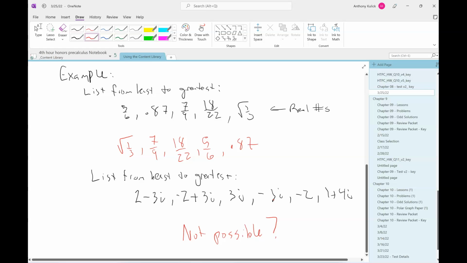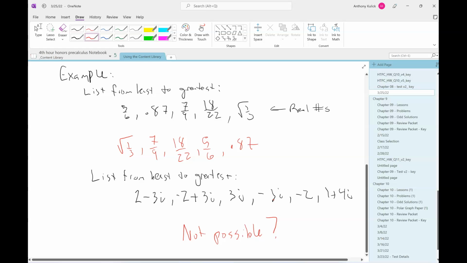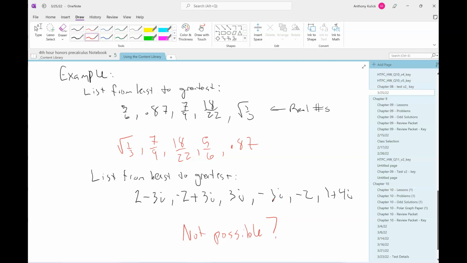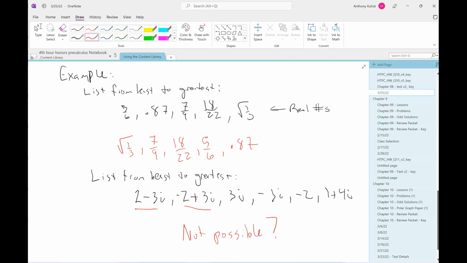Because if you think about it, should you sort by the A or the B? Why would it be greater if the A is bigger, but then the B is smaller? If you compare just these first two, sure, the A is bigger for the first one, but the B is smaller. So why would that mean the first one's greater?